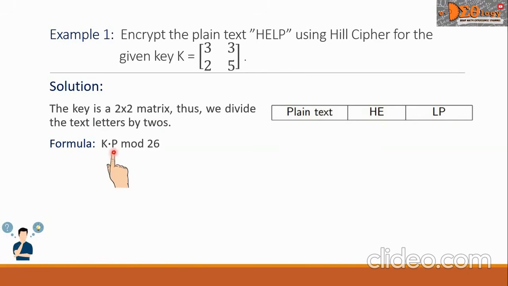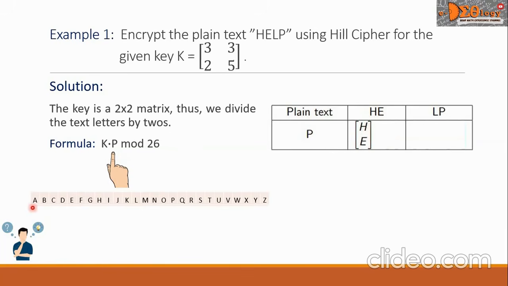Let's begin with identifying the P value for the two groups of letters. Let's start with the HE, and we write here as a column matrix H E respectively. Then we will write the numerical value for the letters H and E. First, let us write all the letters of the alphabet.